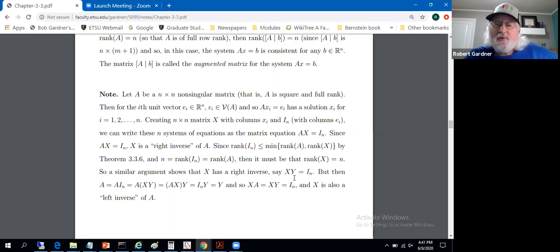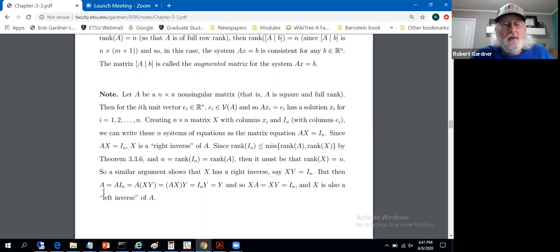So there exists a matrix Y, also n by n, such that X times Y equals the identity. It's the same argument as above, only replacing matrix A with matrix X. The concern was that this input matrix be square and full rank, and X is square and full rank, so we can make the same argument for matrix X.